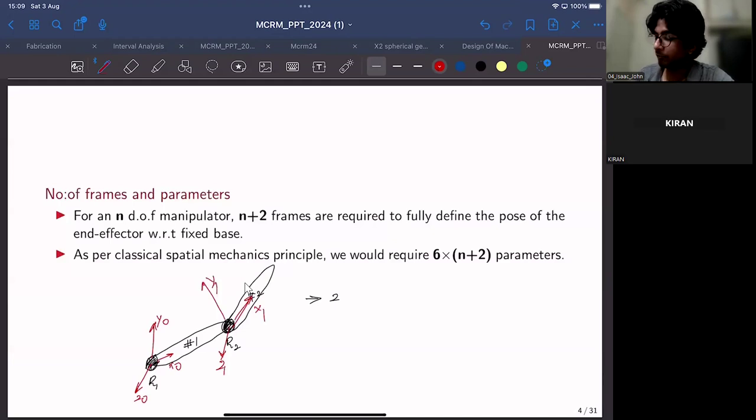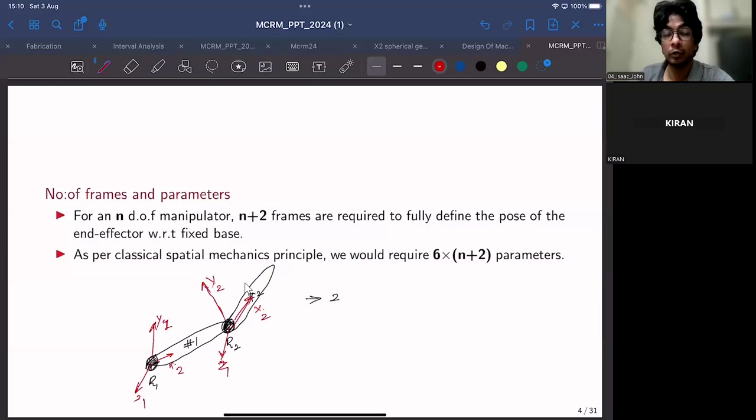So two frames of reference attached to their respective rigid bodies, and there would be two more frames of reference. Sorry, instead of 0, this would be denoted as 1, so that the link number as well as the frame number can be matched. Right? Frame 1 for link 1 and frame 2 for link 2.